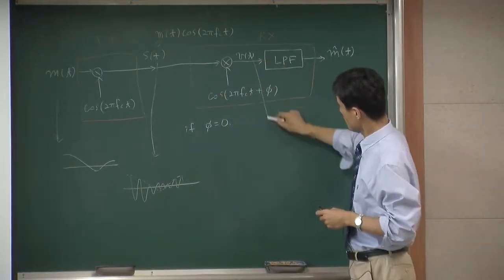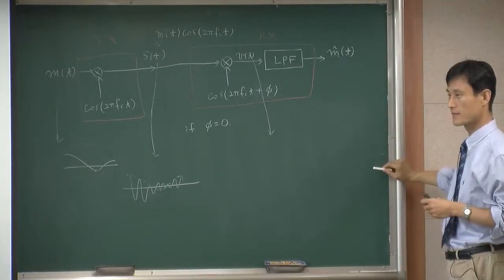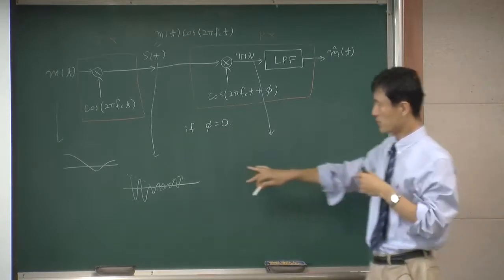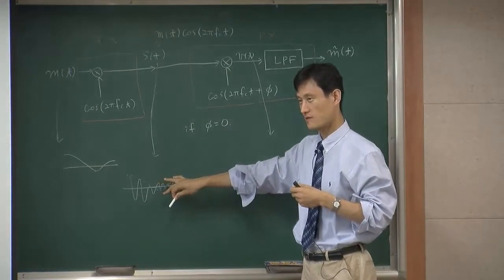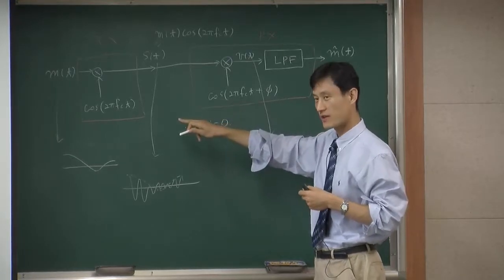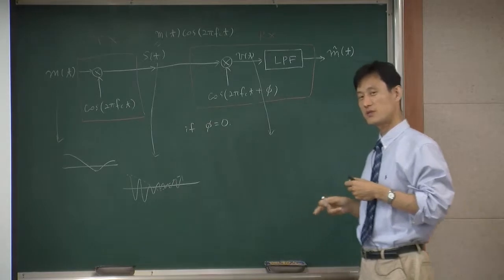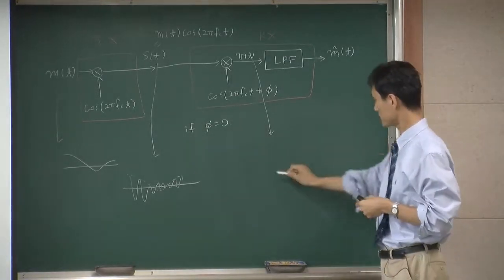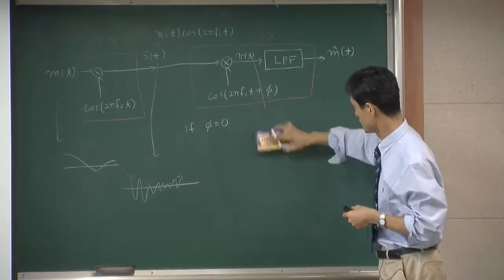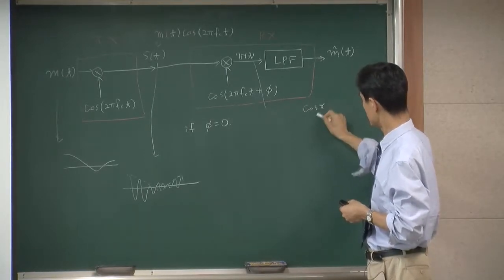What does VT look like in time domain? You are multiplying cosine in here again, right? So this is a cosine, and you are multiplying cosine again. So it's a cosine square. What does cosine square look like as a function? In general, you know cosine x.